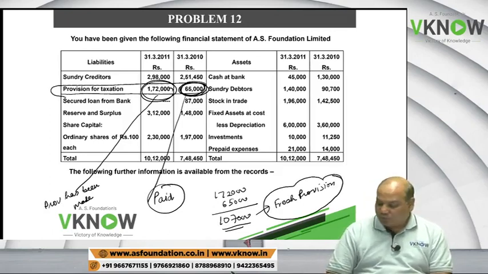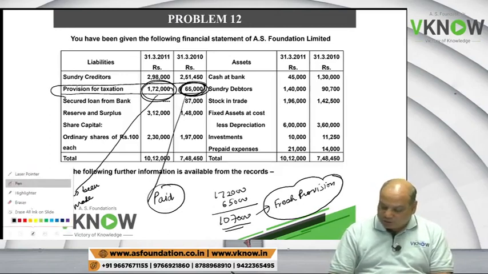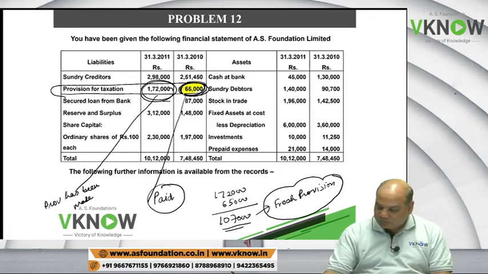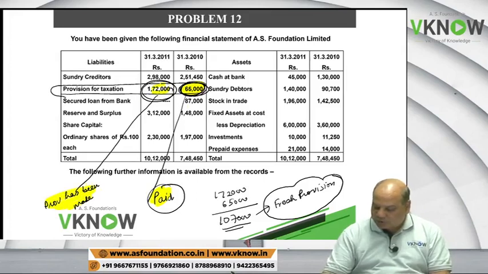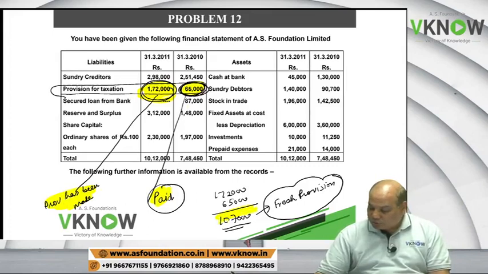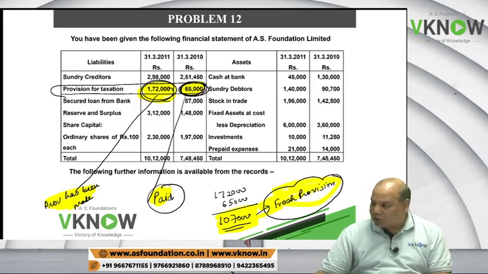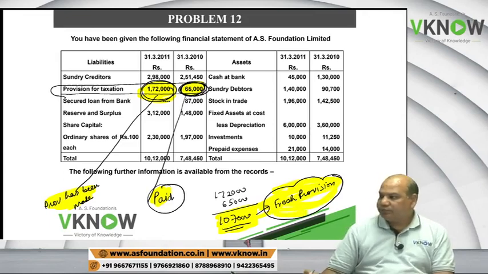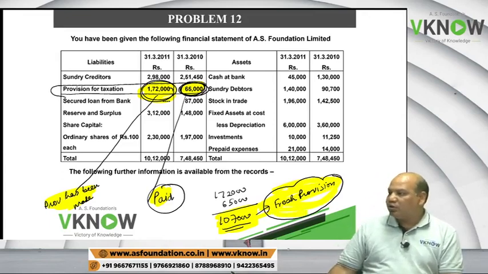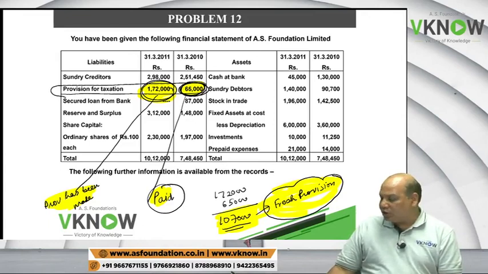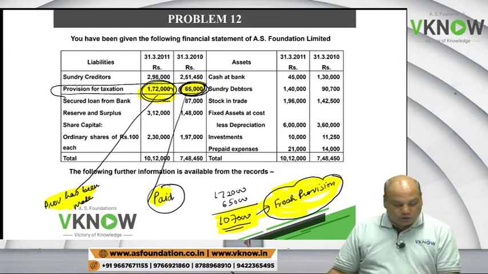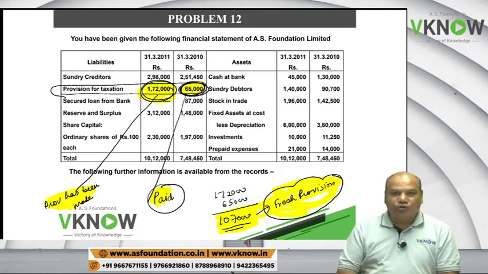Which is more appropriate? Last year paid, this year provision made. This is option 1. Please reply. Or we should only pass entry for the incremental amount of provision made. We should just say this year no tax was paid, only additional provision of 1,07,000 was made. So kindly voice your opinion.